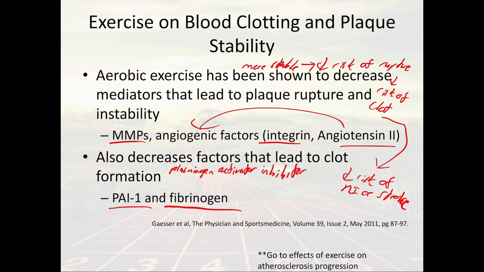So it's a double negative because it inhibits an activator, and we're talking about decreasing. So we're decreasing the inhibition of an activator. Just believe me when I say that when we have decreased levels of PAI1, that leads to less clotting. All right, so that decreases our risk of a clot happening. Okay, so all those things are caused by exercise.